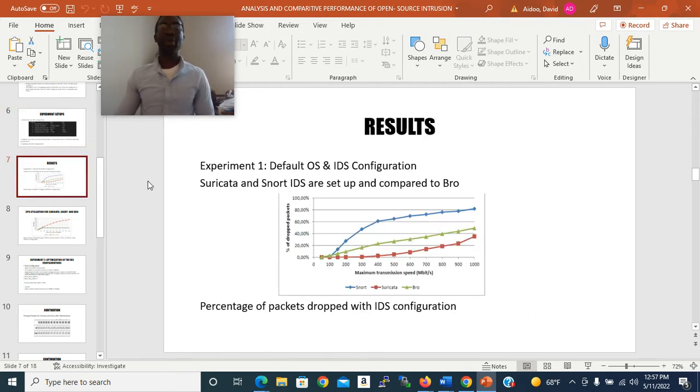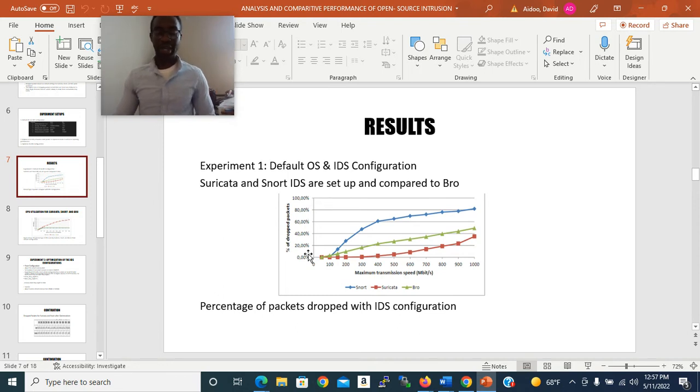After the experiment was conducted, for the results for the default OS and IDS configuration, this figure here shows the Suricata and Snort IDS setups compared to Bro. Looking at the figure, you see the three IDSs I chose, which are Suricata, Snort, and Bro, in their default configurations.